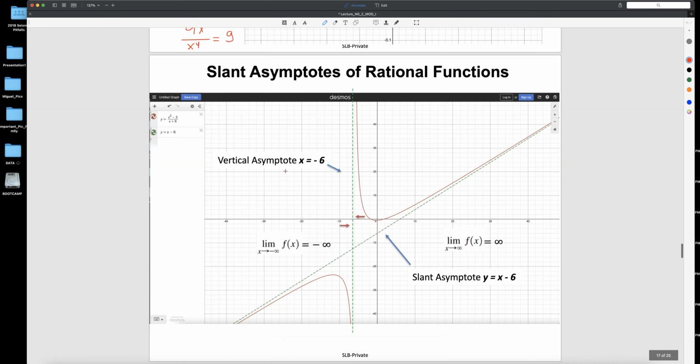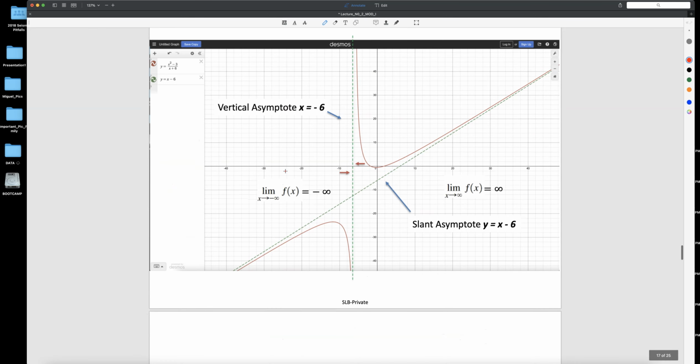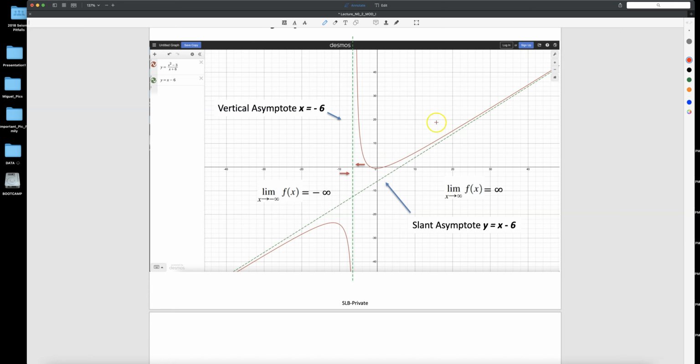Another exercise that I want to comment on is when you have a slant asymptote for a given function. In a rational function, when is that going to happen? When the degree of the numerator is greater than the degree of the denominator, but only by one unit.